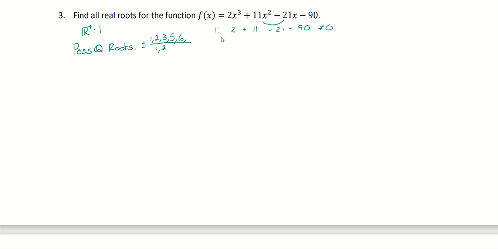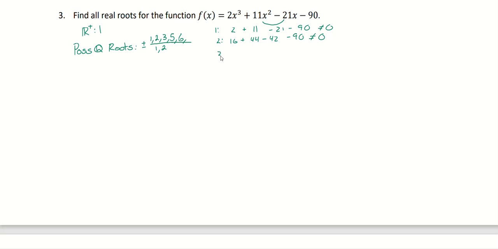Okay, I'll then try 2, and I'll try to think this out. And let's see, 2 cubed is 8 times 2 is 16, plus that'd be a 4 when I plug it in for x, times 11 is 44, minus 42 minus 90. Also not equal to 0, which means 2 is out.